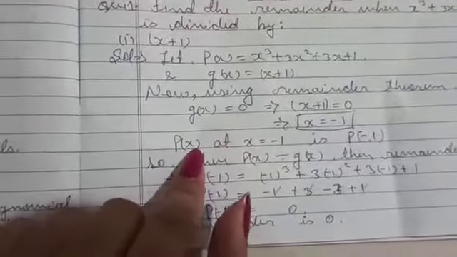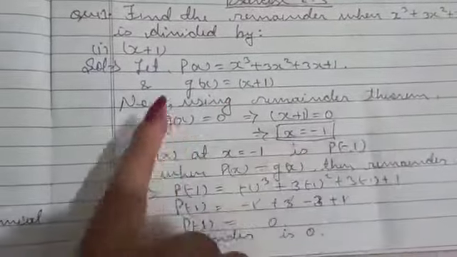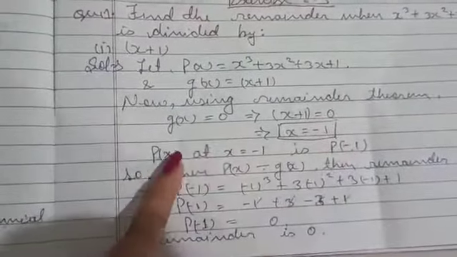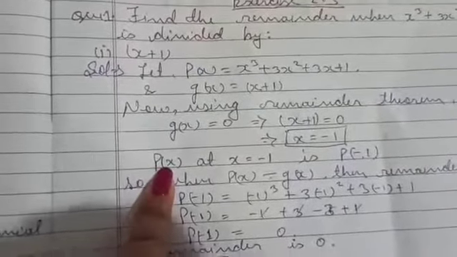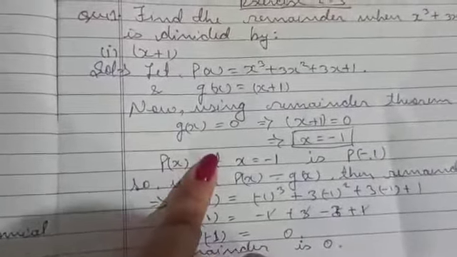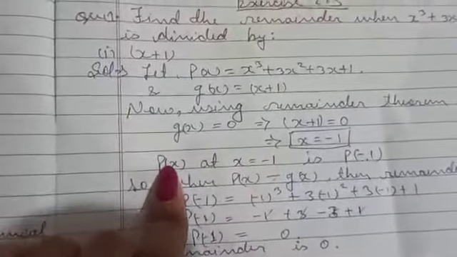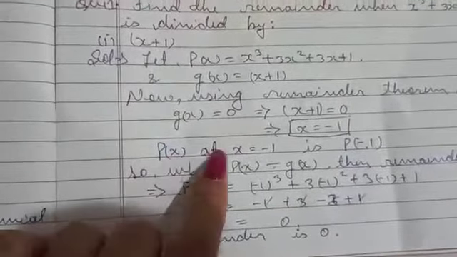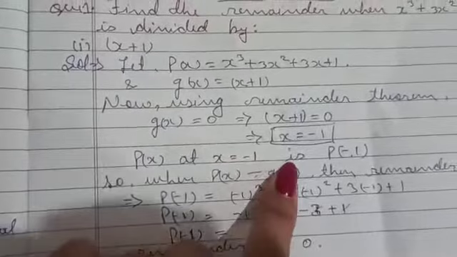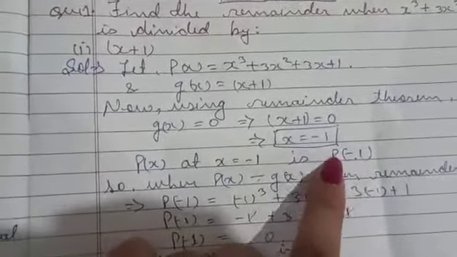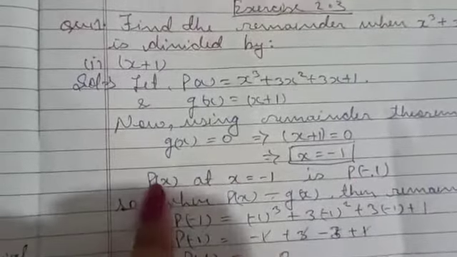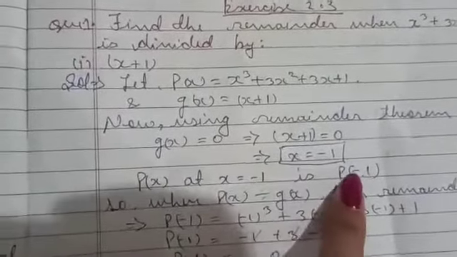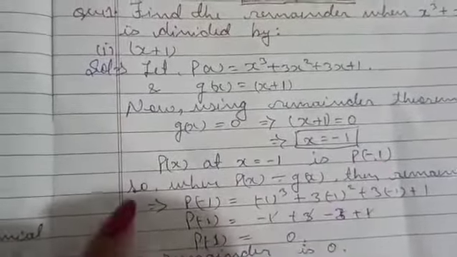Okay, now using the remainder theorem, we will assume that p(x) means the value of the polynomial p(x) at x equals -1 is p(-1), meaning if you replace x with -1, then the value of the polynomial at x equals -1 will be this p(-1).